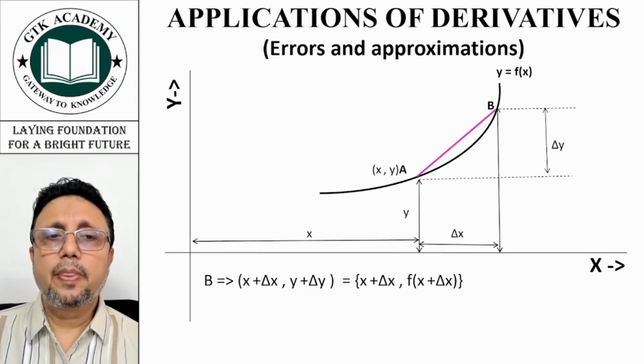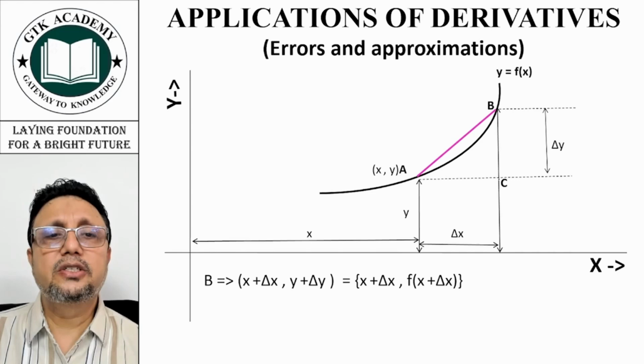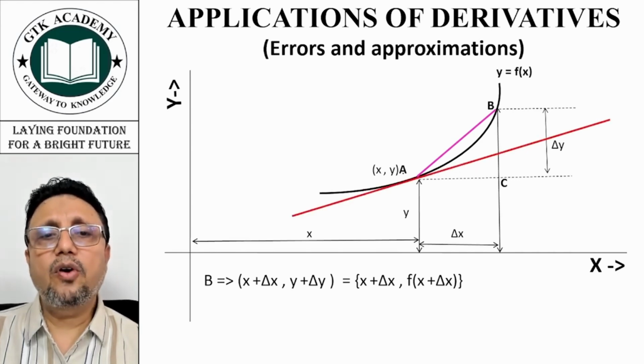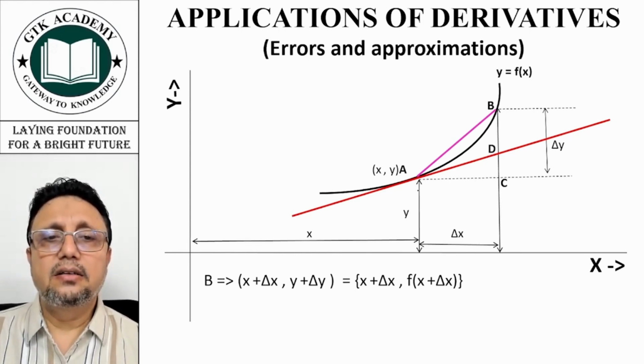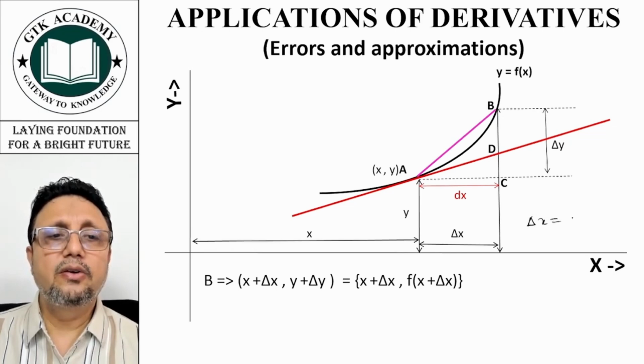We just join A and B with this purple line. Say this point is C. Now we draw a tangent at A, and let it cut this line BC at point D. Say this is dx. We name it as dx. As you can see, delta x is equal to dx.